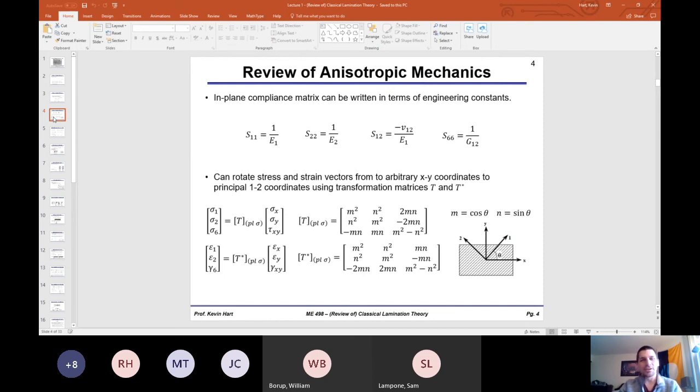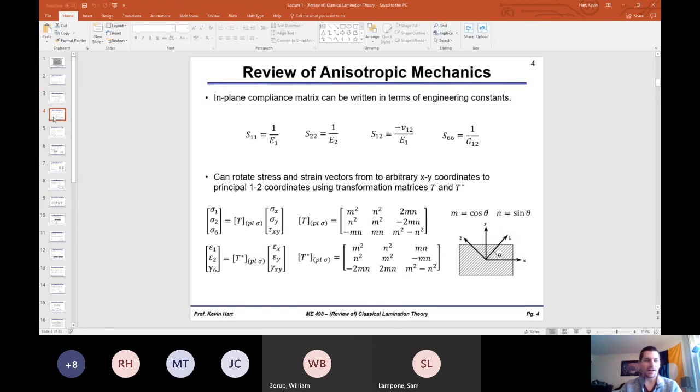However, we want to discuss material properties that might not be in the one and two direction, but off axis, like X and Y direction. For that, we need to talk about stresses and strains in some arbitrary XY coordinate system, which might be oriented at an angle theta with our material coordinates 1 and 2.